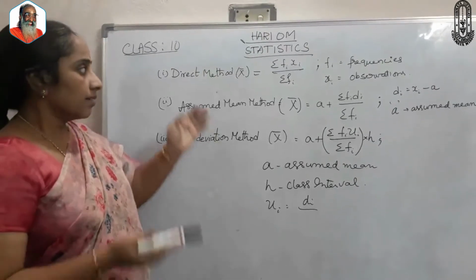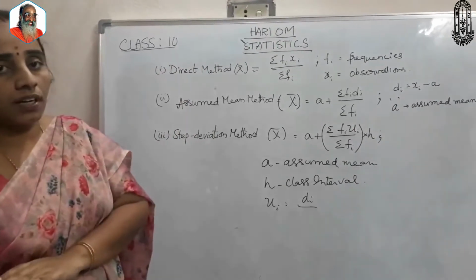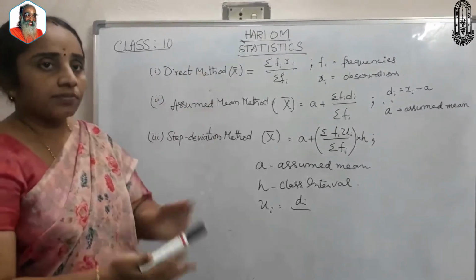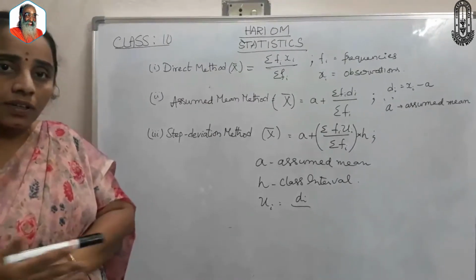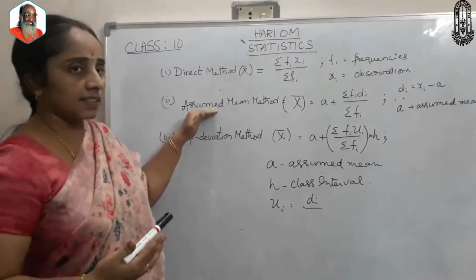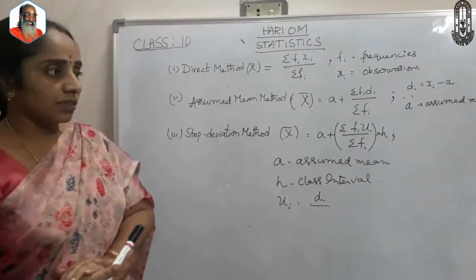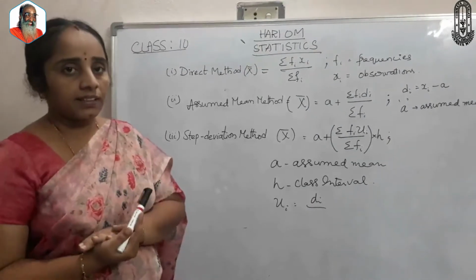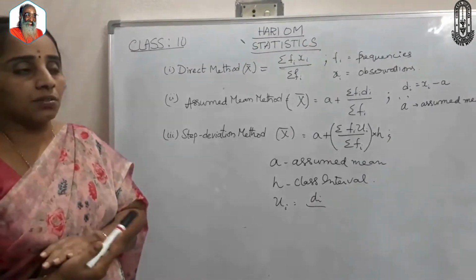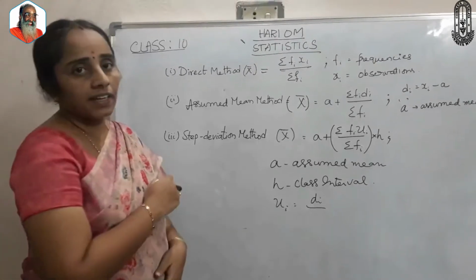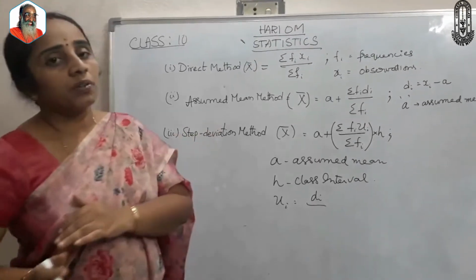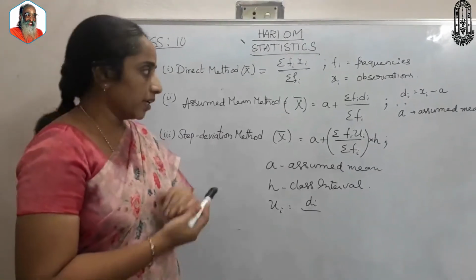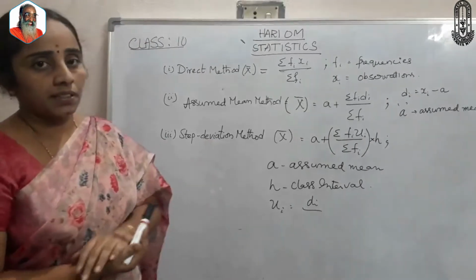In the previous methods, if the fi's or xi's are numerically larger, we used the assumed mean method. And in this third one also, when the values are larger numerically, and in the second case, wherever the class interval is not the same throughout the table, in such cases we use the step deviation method.